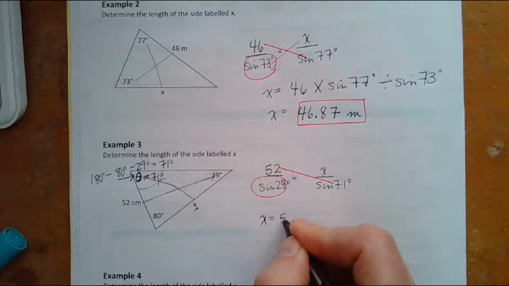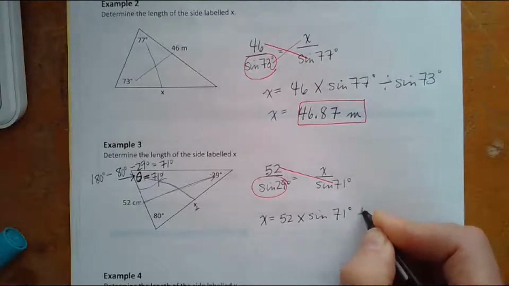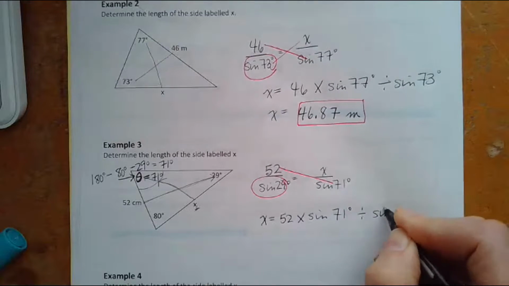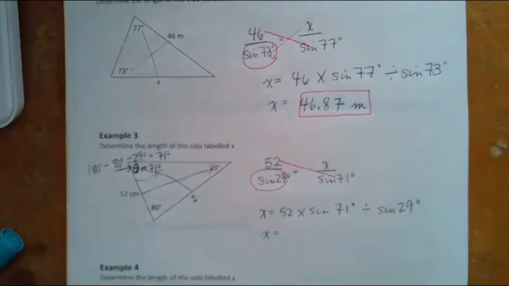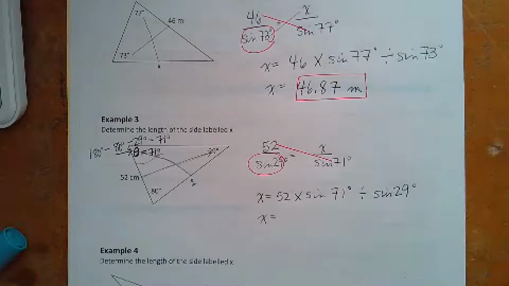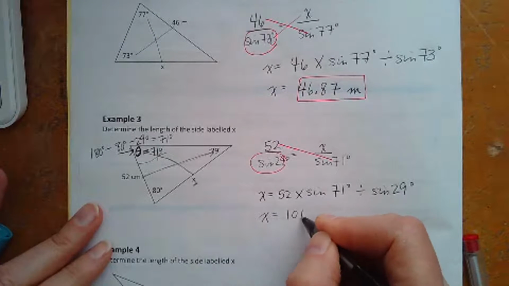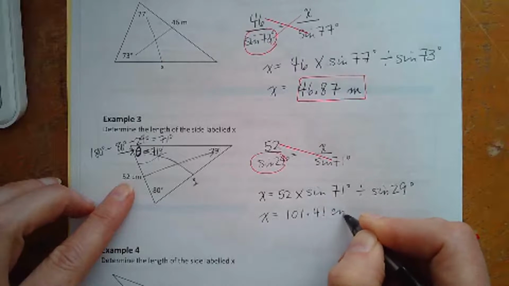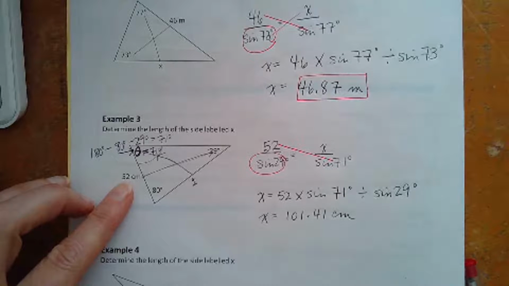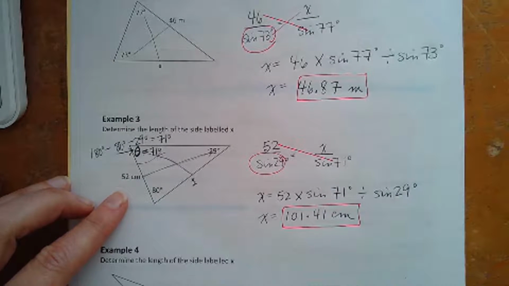X equals 52 times sine 71 divided by sine 29. Okay. And I get 101.41 centimeters.